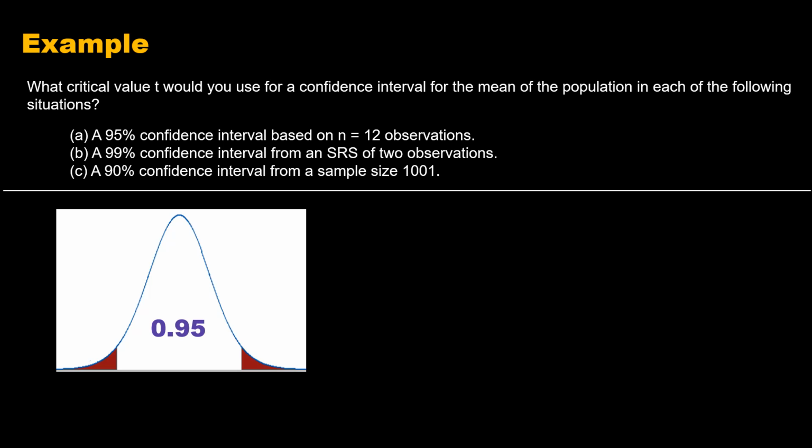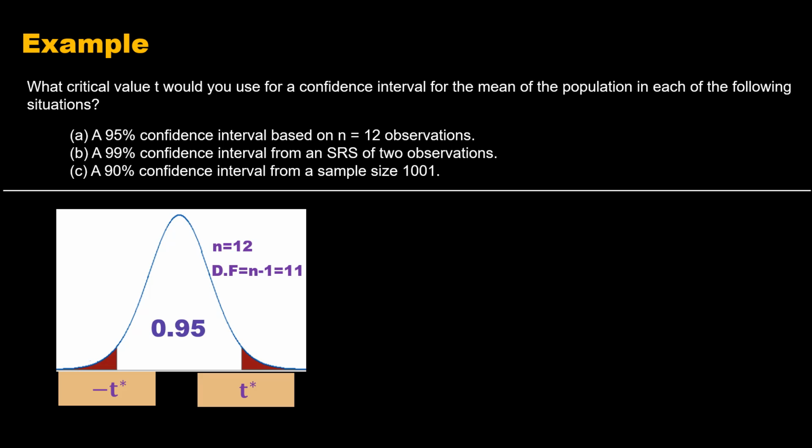So 95%, the middle part should be 95. Then how do we find the T star? We need degrees of freedom. Sample size is n equals 12 and degrees of freedom is n minus 1, which is 11.